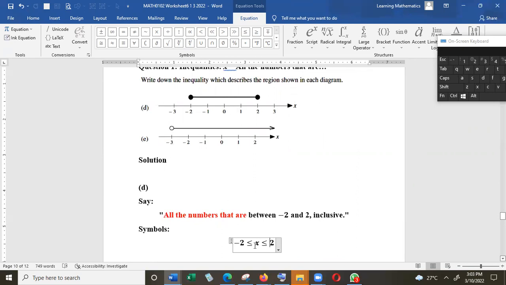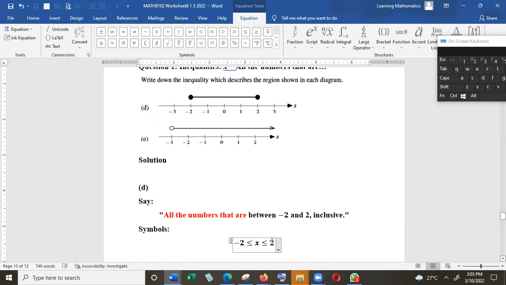If we start reading from the X and we have to say greater than, then we see the opening. And all those numbers are less than 2, so we have to meet the point: all the numbers less than 2, including 2. That's why you have the equal sign attached.